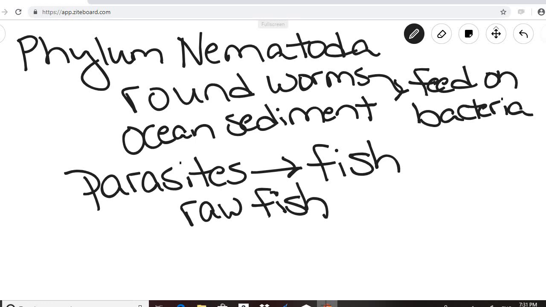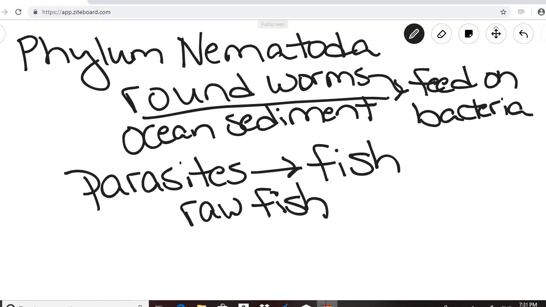So in our country, people are increasingly eating raw fish and things like sushi, and you can get these roundworms from consuming raw fish.